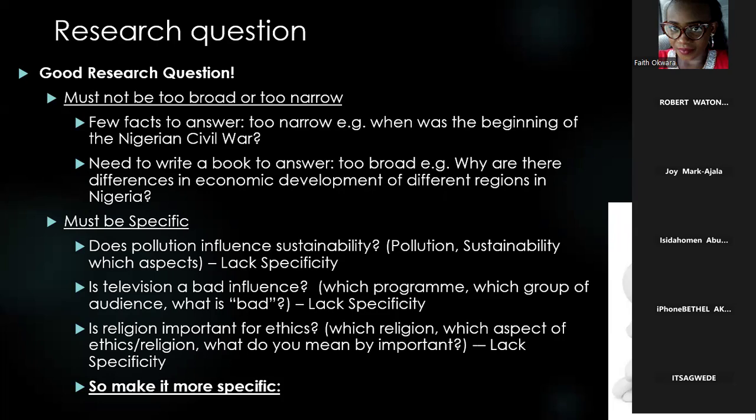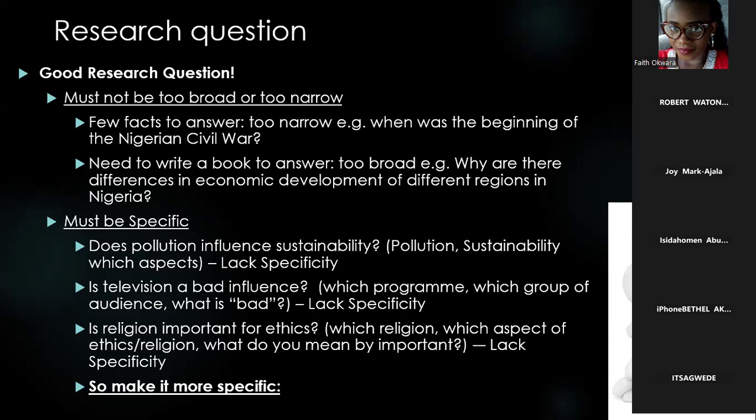So, a good research question must be broad, but not too broad. It must be big enough for us to get a good grasp that you are doing something worthwhile, but it should not be so narrow that people ask, what is it you are doing?